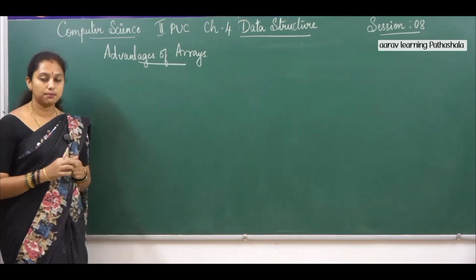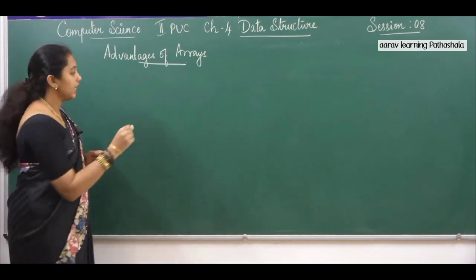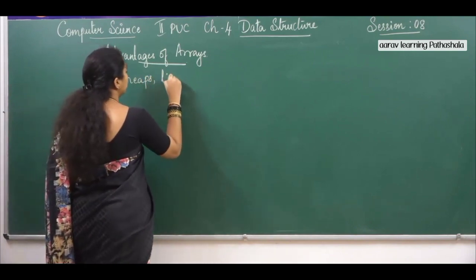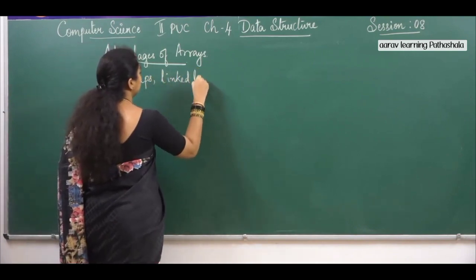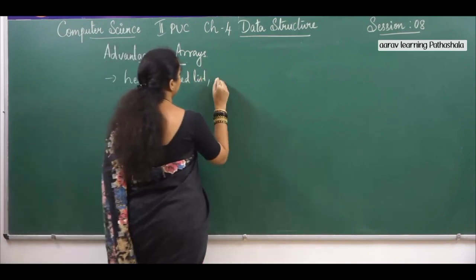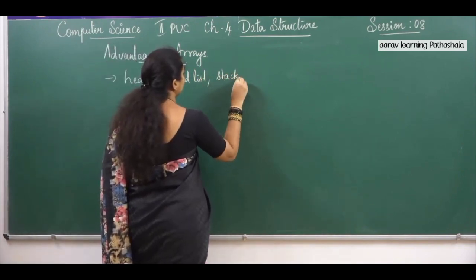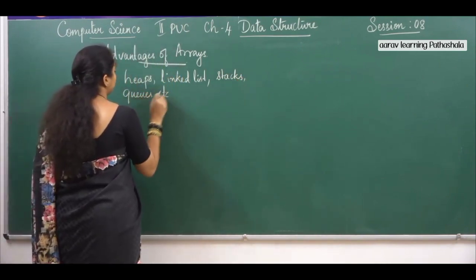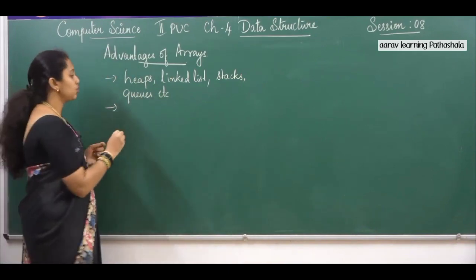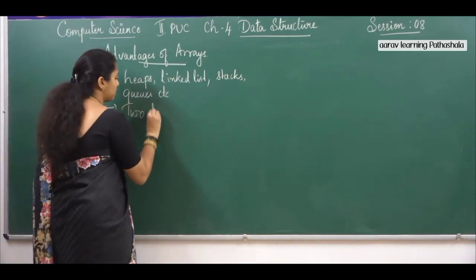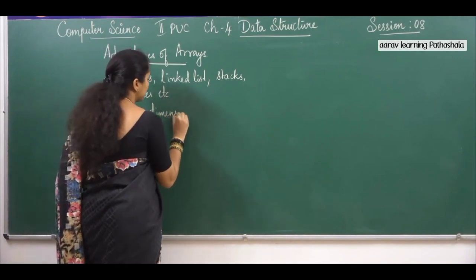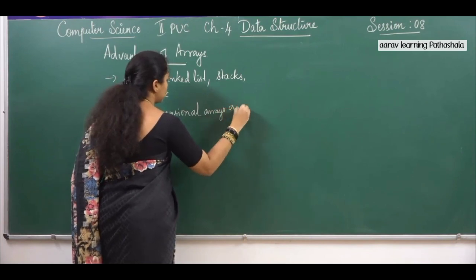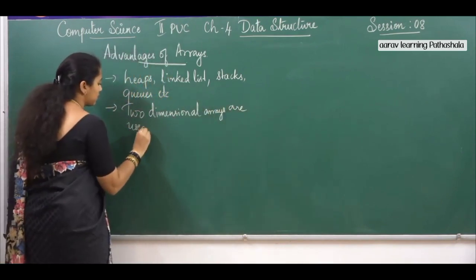And arrays are used to represent other data structures like heaps, linked lists, stacks, queues, etc. 2-dimensional arrays are used to represent matrices.